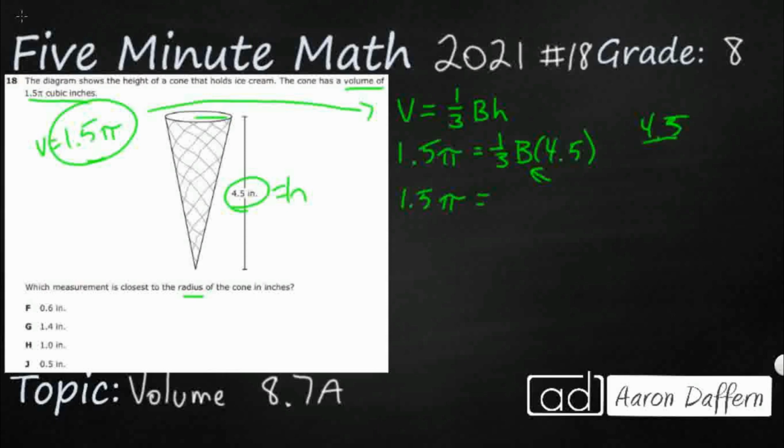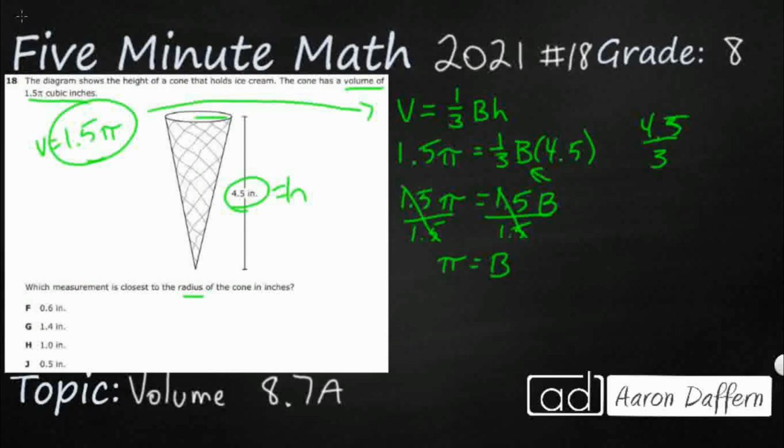That's just 1.5. So that makes 1.5 base, and we'll take a look at this. Now I've got 1.5 on each side. I'm just going to divide 1.5 on each side, so it looks like my base is equal to pi.